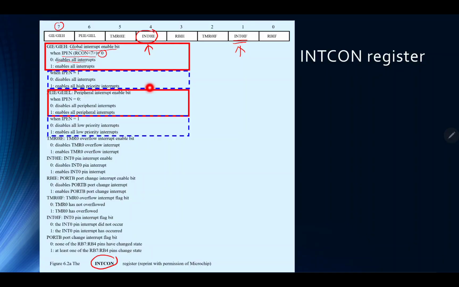But in most other cases, the real examples, IPEN will always be 1. But even if IPEN is 1, you still have to write 1 to GIE or GIEH. You can write it as GIE or GIEH, both refer to bit number 7 of INTCON. Then only the interrupt will work.